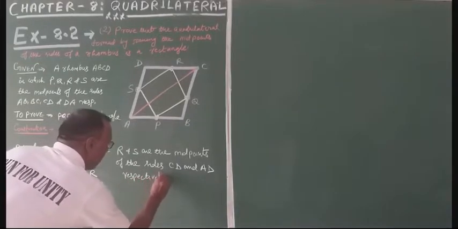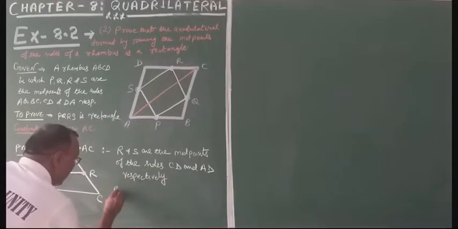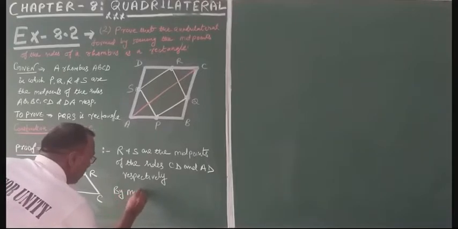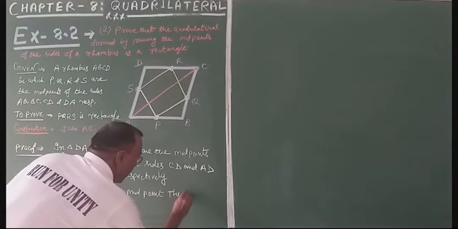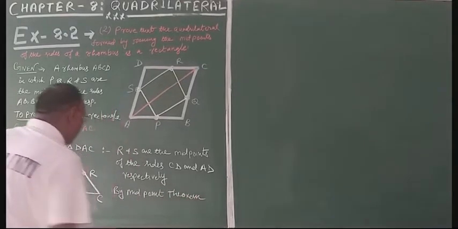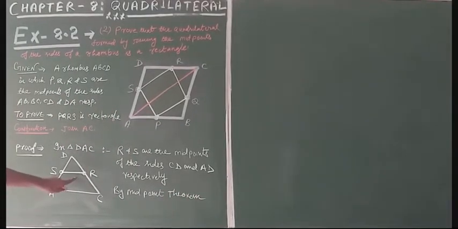Therefore, by the midpoint theorem, what will happen? This line RS will be parallel to AC and the length of RS will be half of AC.